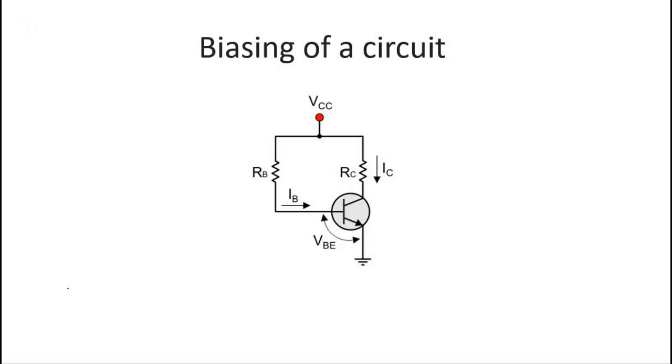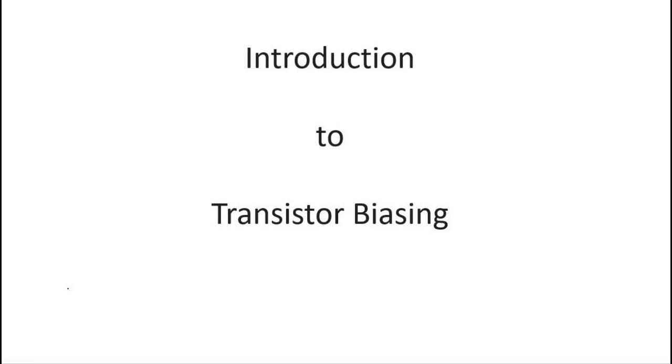Now, what we are more concerned about here is an introduction to transistor biasing. A transistor is biased in order to make the emitter base junction forward biased and the collector base junction reverse biased, so that it maintains an active region to work as an amplifier.